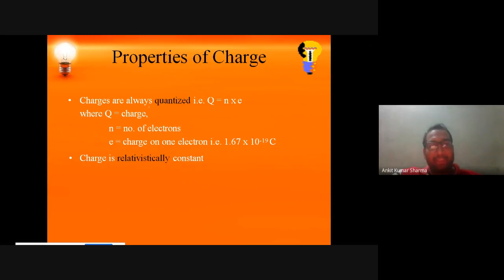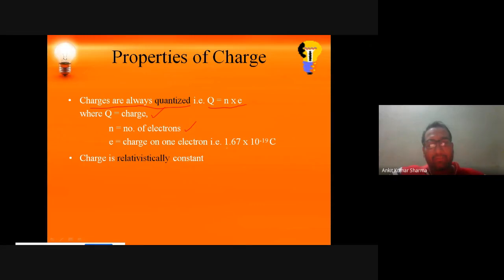The next property is that charges are always quantized. This quantized magnitude is given by Q equals n times e, where capital Q shows the charge, small n is the number of electrons, and e shows the charge on one electron.